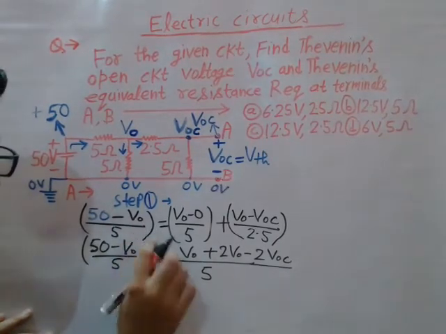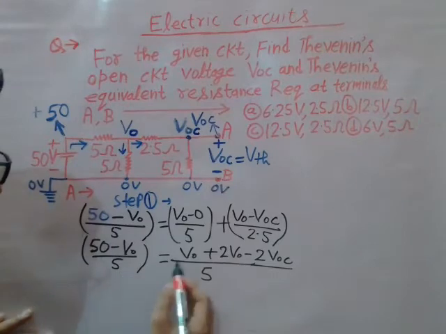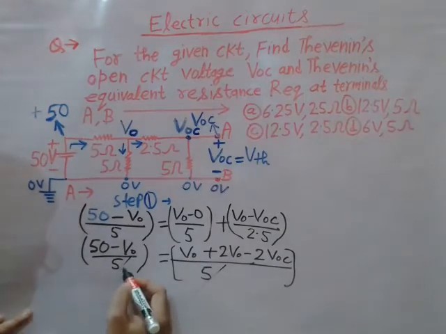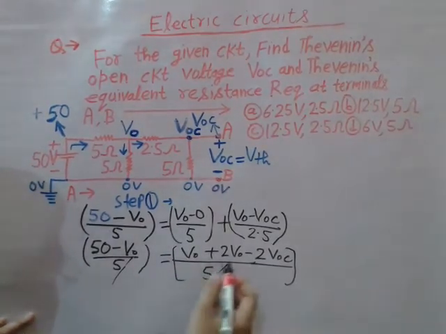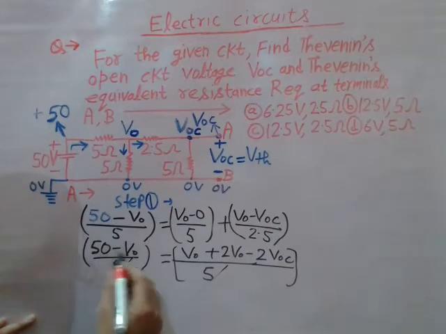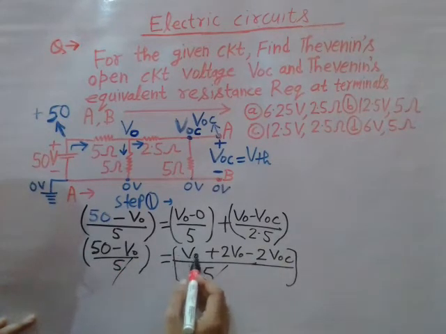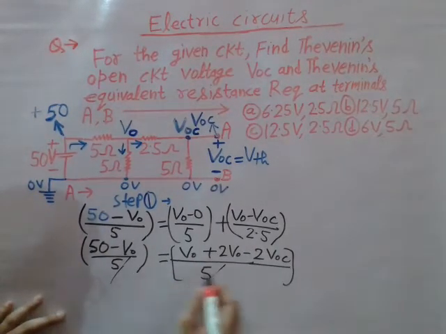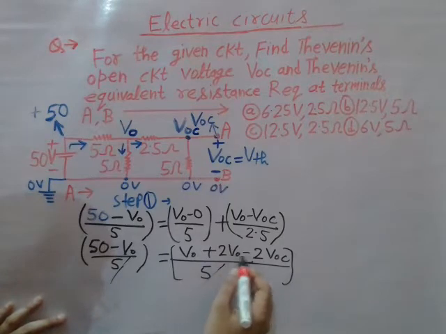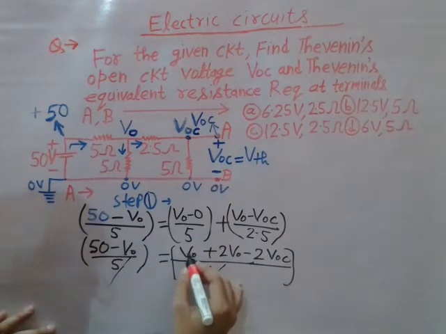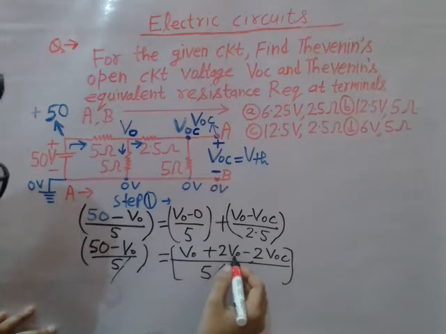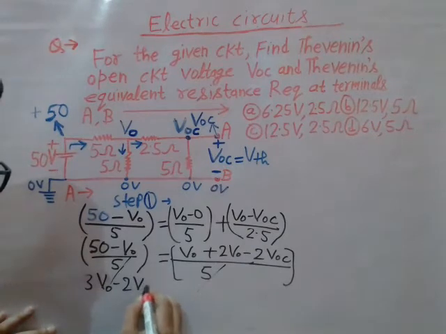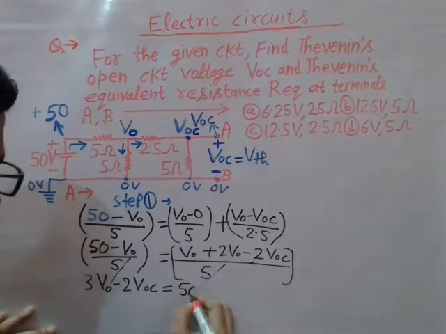So from here, 5 and 5 get cancelled. Here you will write 50 minus V naught is equal to V naught plus 2 V naught minus 2 VOC. So V naught plus 2 V naught, 3 V naught minus 2 VOC is equal to 50 minus V naught.